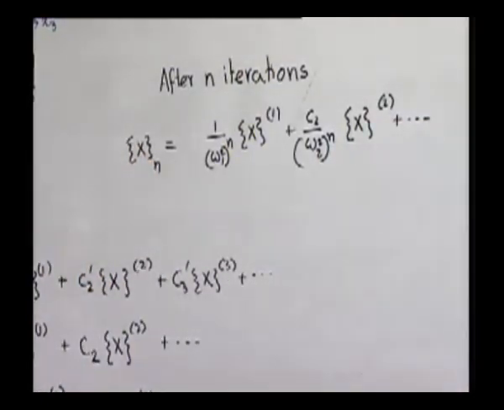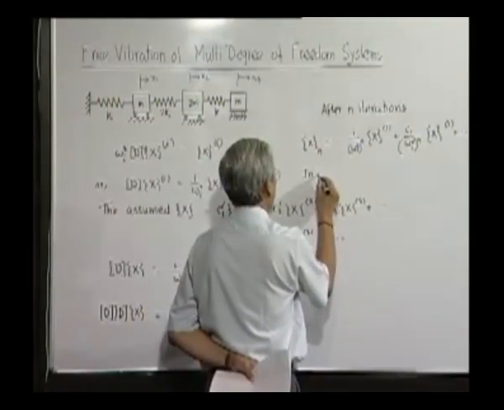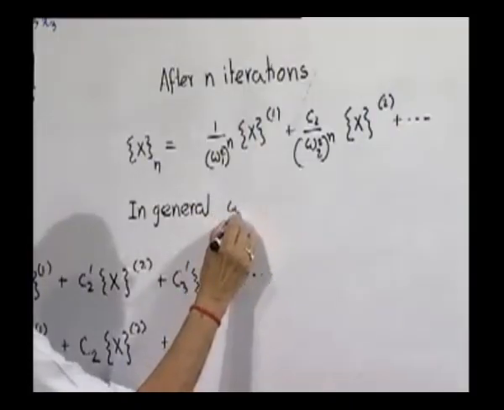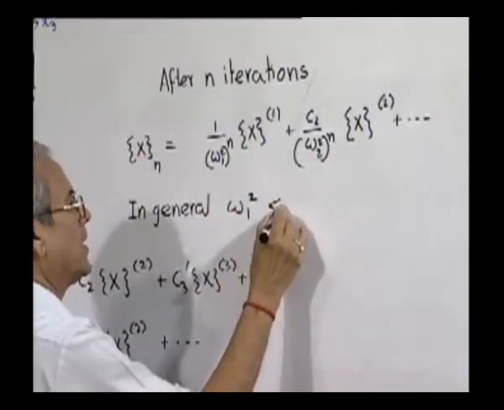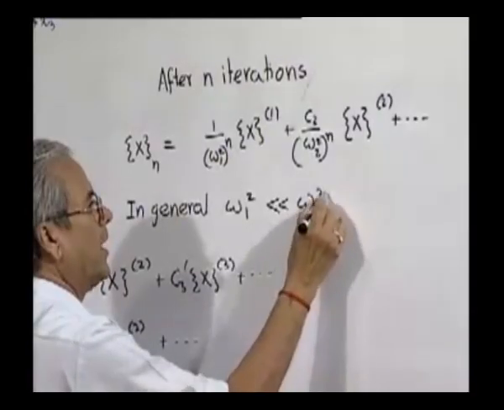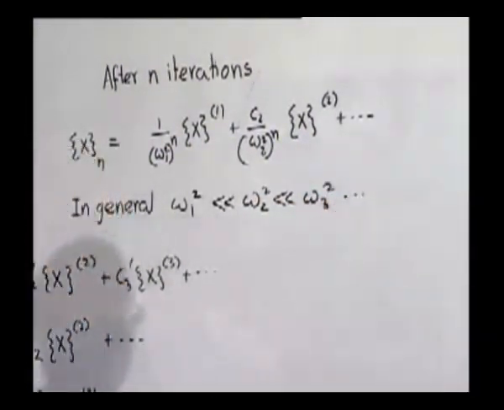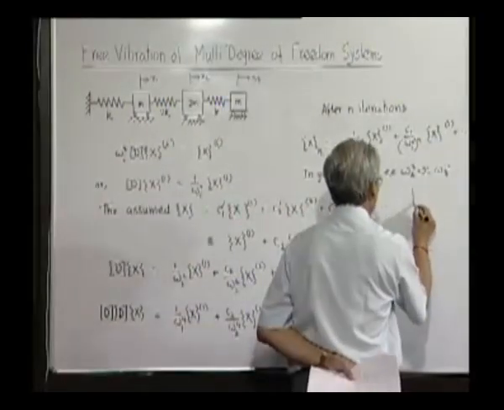Now, we should notice that in general, omega 1 square is much less than omega 2 square, which is much less than omega 3 square and so on. So, what will happen?